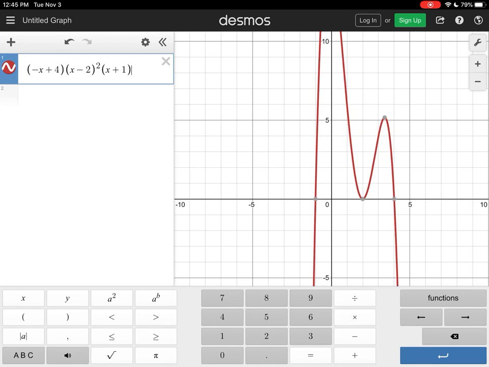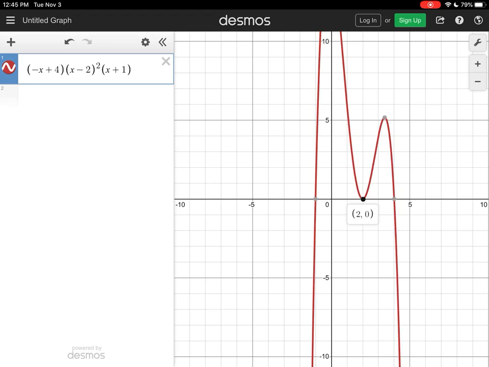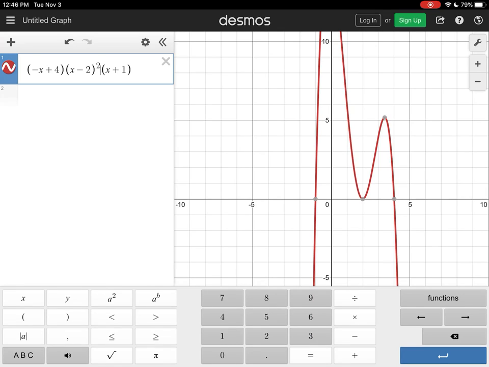What happens at x equals 2? Yes, it is an x-intercept. However, at that value, it only touches the graph and then does not pass through it. It touches the graph and then bounces straight back up. Let's see what would happen if I change that to a 3.